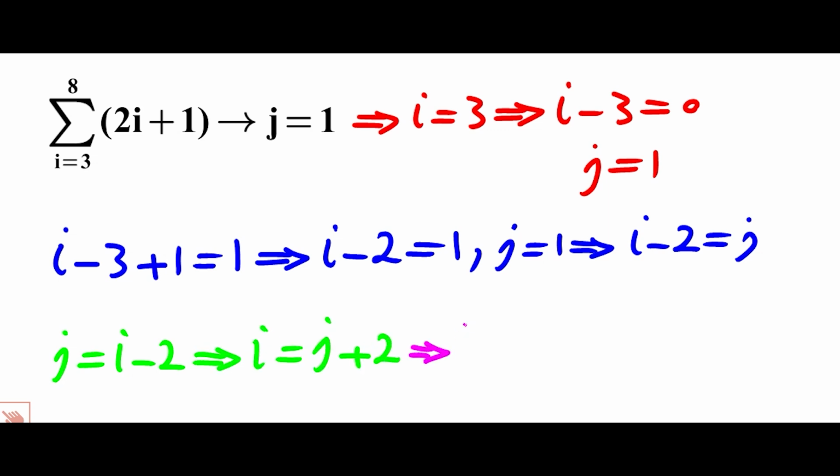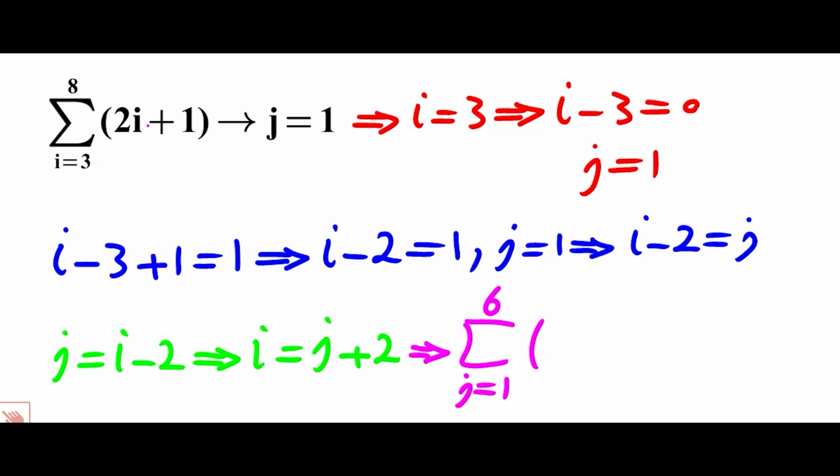So we have the sum where, when i equals 3, j equals 3 minus 2, which is 1. And when i equals 8, j equals 8 minus 2, which is 6.